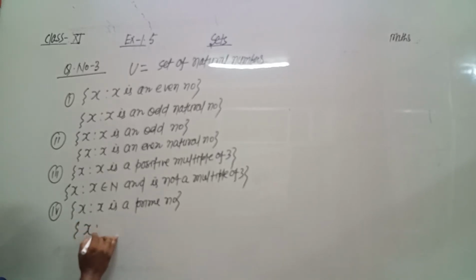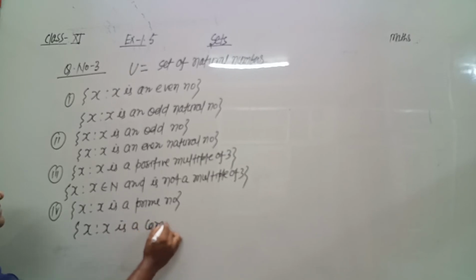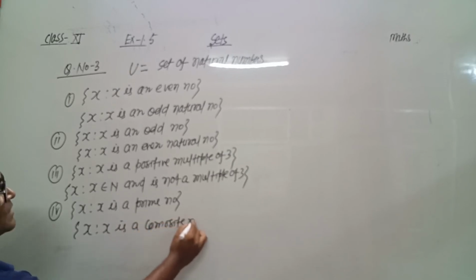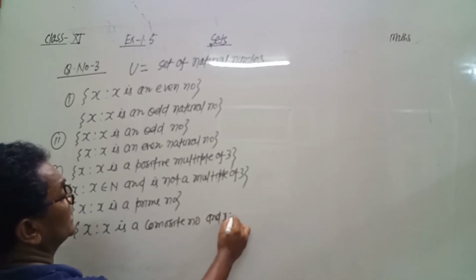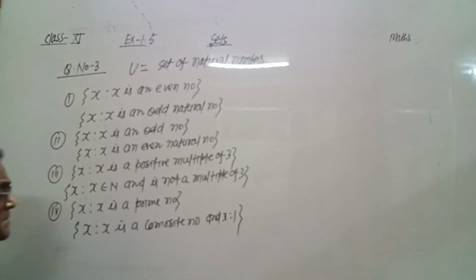So {x such that x is a composite number} and x equals 1, because 1 is not a prime number. So x is a composite number, and x equals 1 is included.